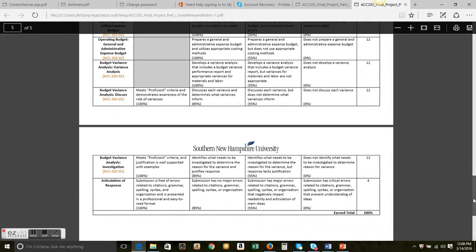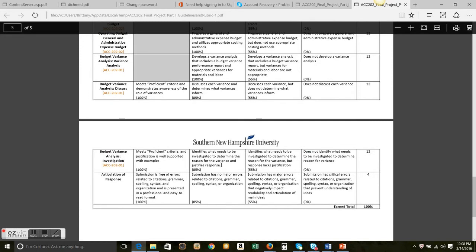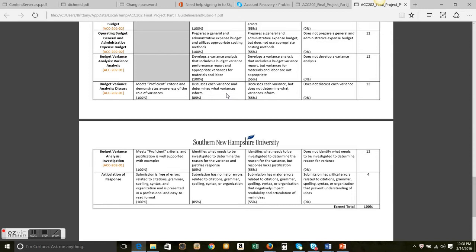So then we move down to budget variance investigation. So now we've identified what the variances are, what they inform us, and the awareness of them. Now what you're going to talk about is what needs to be investigated based on those variances. So for proficient, you're identifying what needs to be investigated to determine the reason for the variances, and you justify that response. Just telling us what needs to be investigated is not going to be enough.